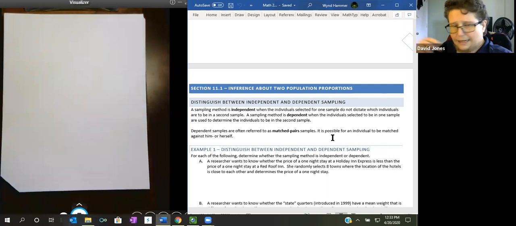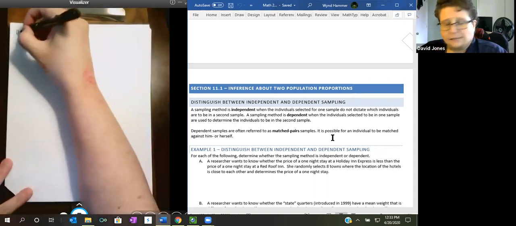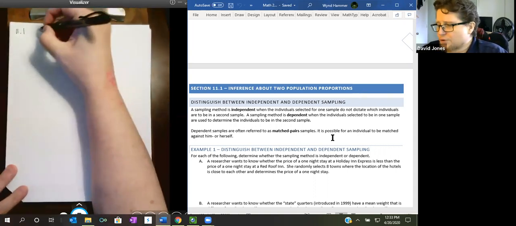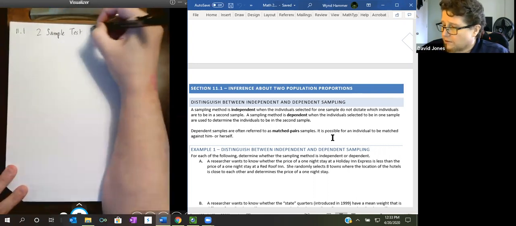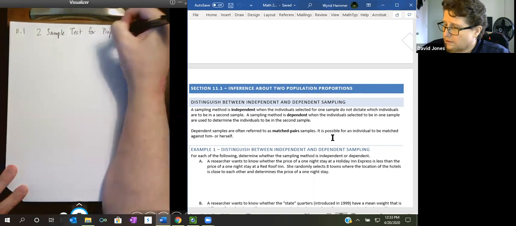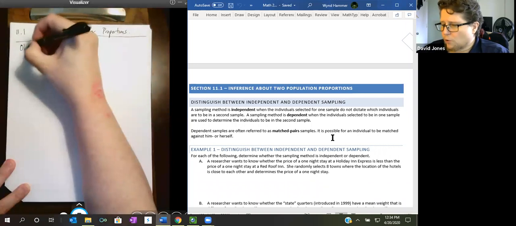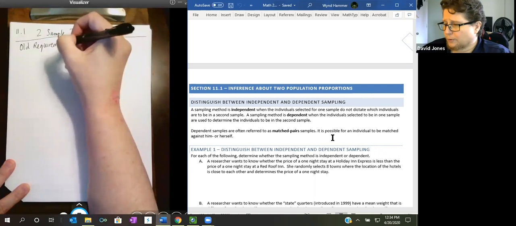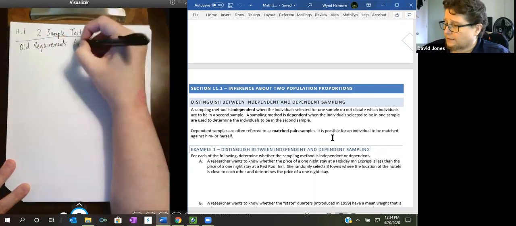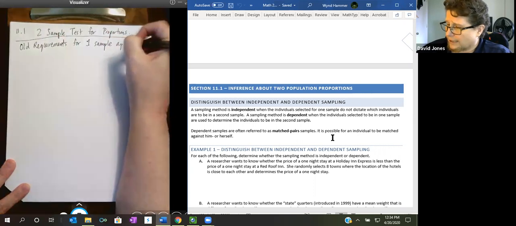Okay. So it is important that we recognize all of our old rules still apply. So this is 11.1 still. So we're looking at a two sample test for proportions. And all the old requirements still apply. Old requirements for one sample apply.